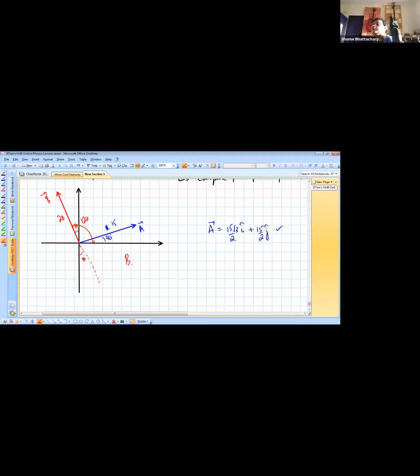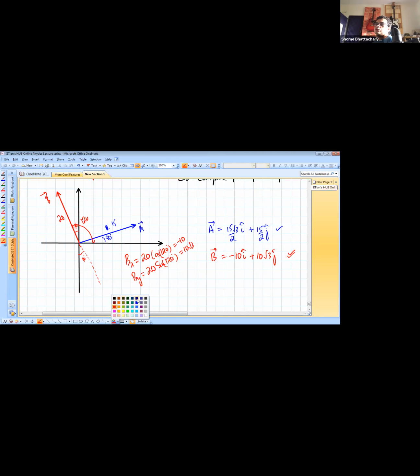So B's x component will become 20 cos 120, which is minus 10, and B's y component will become 20 sin 120, which is positive 10 root 3. So the vector B in proper component form is minus 10 I cap plus 10 root 3 J cap.